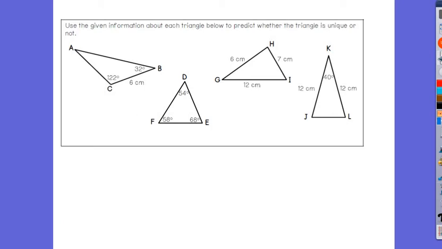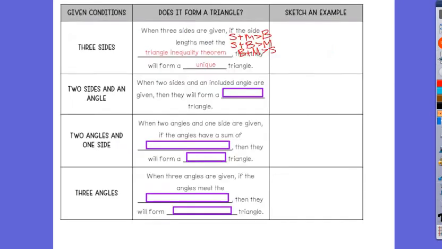GHI has 3 side lengths. So I want to sketch a small sketch of triangle GHI. It had 12 here, 6 here, and 7 centimeters over here. It gave us 3 sides.